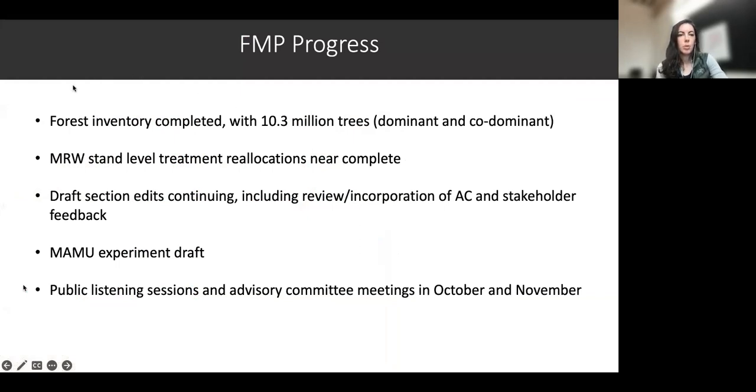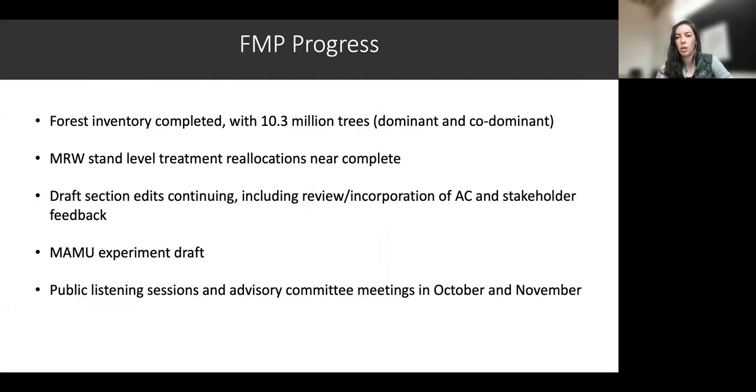So, a brief overview of some recent progress on the forest management plan. The forest inventory based on the 2021 LIDAR was completed in September, with approximately 10.3 million trees in the dominant and co-dominant classes as part of that inventory.